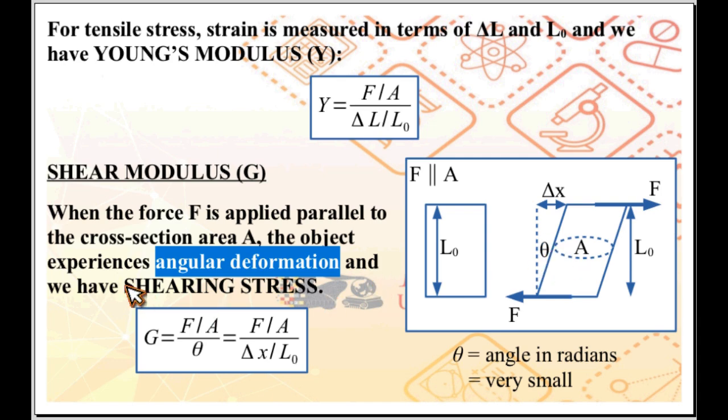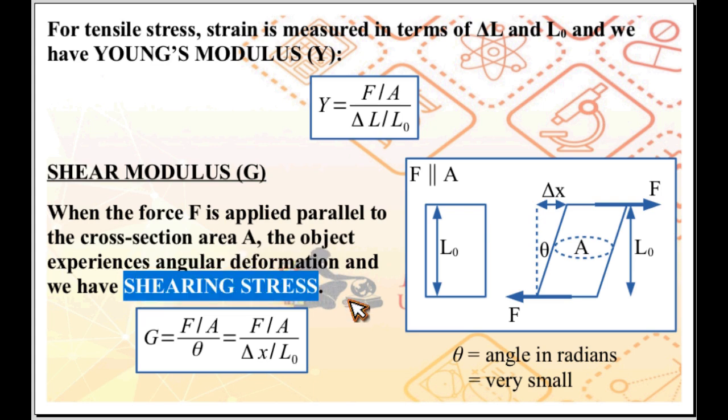We have shearing stress. For shearing stress, shear modulus G is given by stress over strain. Stress, again, is still F over A, force applied on a particular area, divided by angle theta.